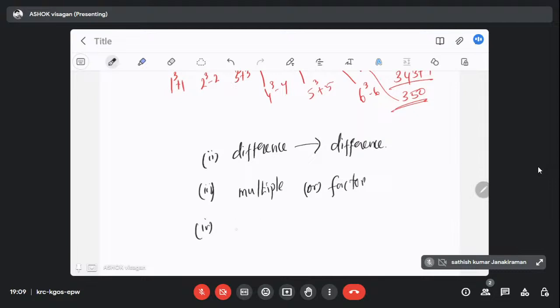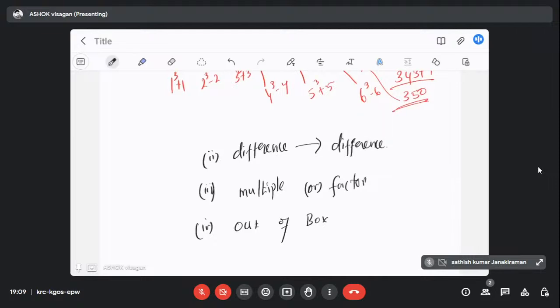And the last one is out of the box. Out of the box logic means the question may be from different logics.